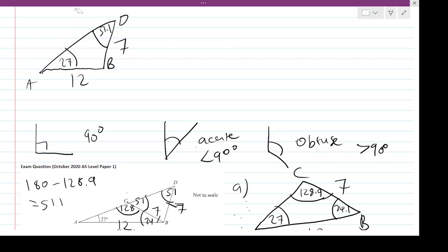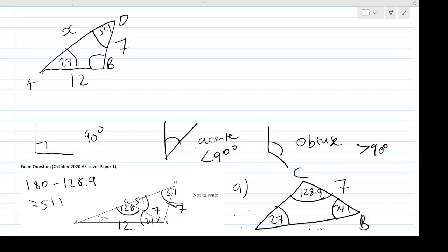So for this AD, I can use the sine rule, or the cosine rule actually, but I think the sine rule here. Not quite, because I need to work out this angle, because this angle is facing the x. I can work out that angle as well, because I know the other two angles in this triangle.